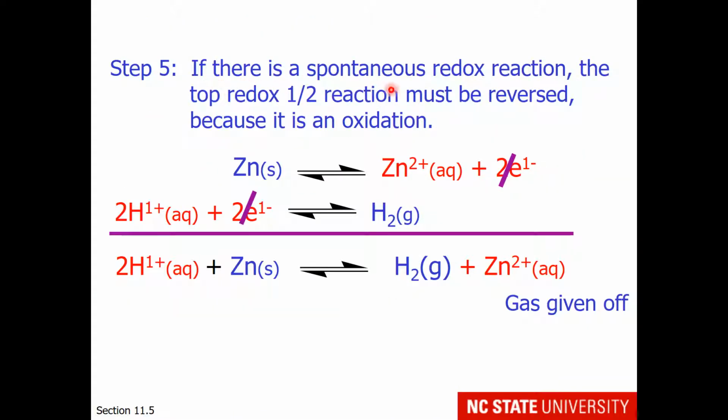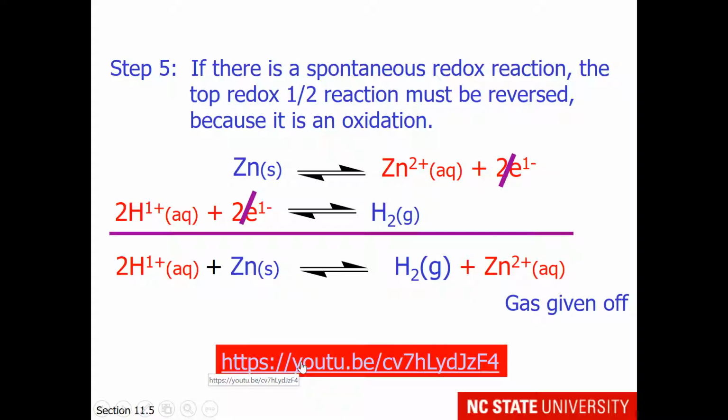So if there is a spontaneous redox reaction, remember that the top redox half reaction needs to be reversed because it is an oxidation. So I've written the standard hydrogen electrode as a reduction and turned around the zinc redox reaction so that it is an oxidation. Now we just add them so the electrons cancel. Here is our net redox reaction, and this will give off hydrogen gas.